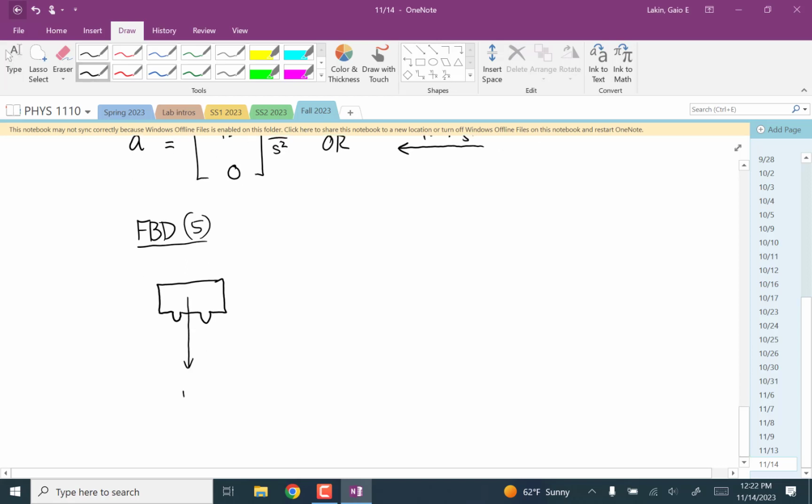So we have a weight force of 49.05, a pushing force from the ground that's not the same as the total pushing force on both of them, so I'm going to call this N5. We have the 30 Newton force here, and then we have a pushing force from the 2 over here that I'll call R, and that's what we're trying to find.